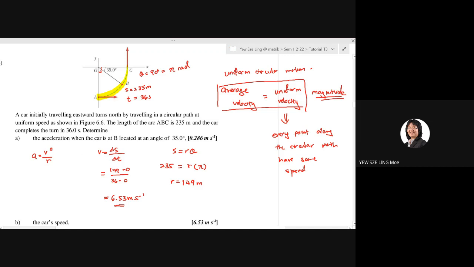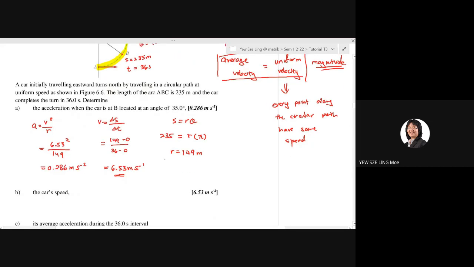So a equals v squared over r, which equals 6.53 squared over, now radius is 149, therefore it equals 0.286 m s^-2. So that is question A. Based on the information given, we managed to determine r, we managed to determine v, and then we use r and v to determine the acceleration.